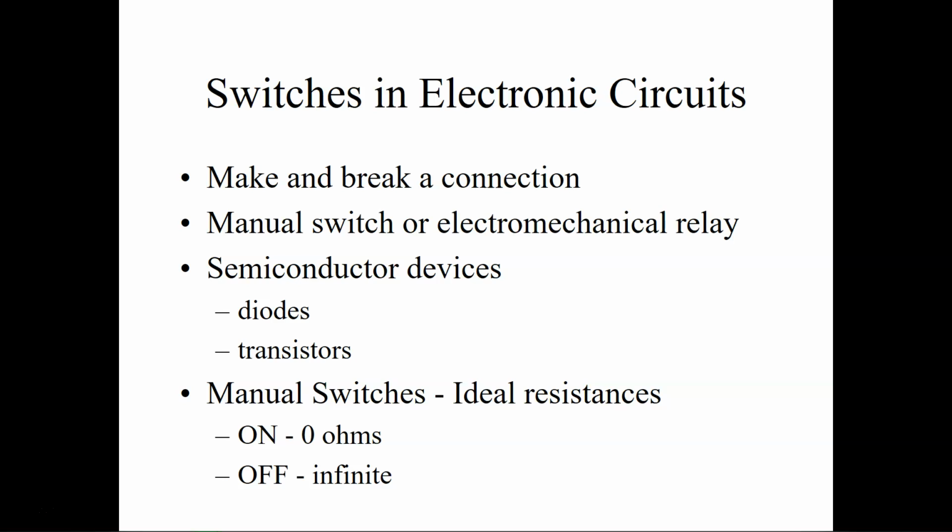So manual switches or electromechanical relays are something that is typically very vital in automation. Why would it be a big thing in automation? I've got it on the tip of my tongue. I can't remember if it's voltage or amps, but it can handle higher loads.